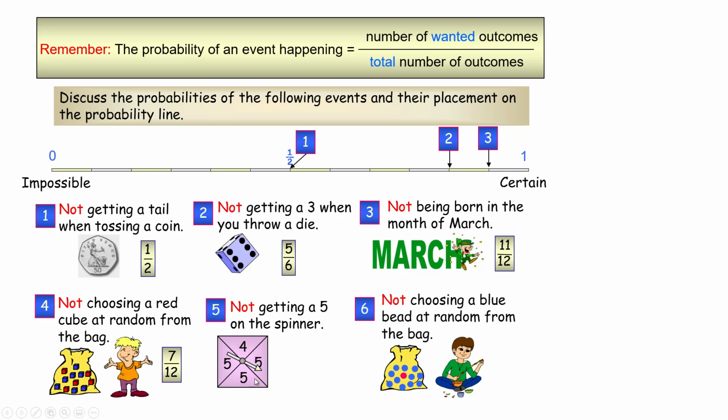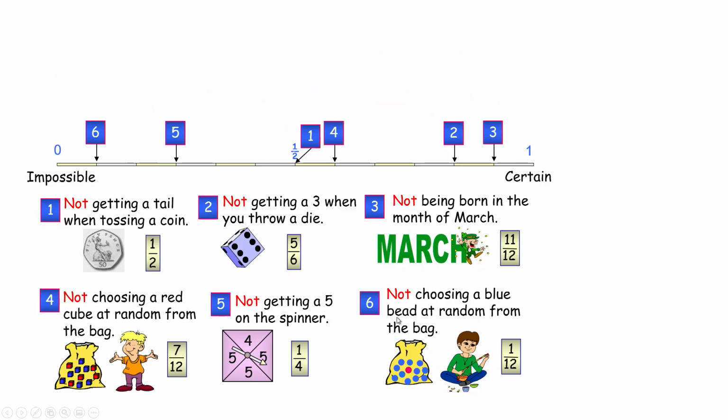So chance of not getting a 5 is 1 minus 3 out of 4, which is a quarter. And the last one there, chance of not choosing a blue bead. Chance of choosing a blue bead is 11 out of 12, so not a blue bead will be 1 out of 12. So hopefully that's allowed you to see that the total probability is 1.